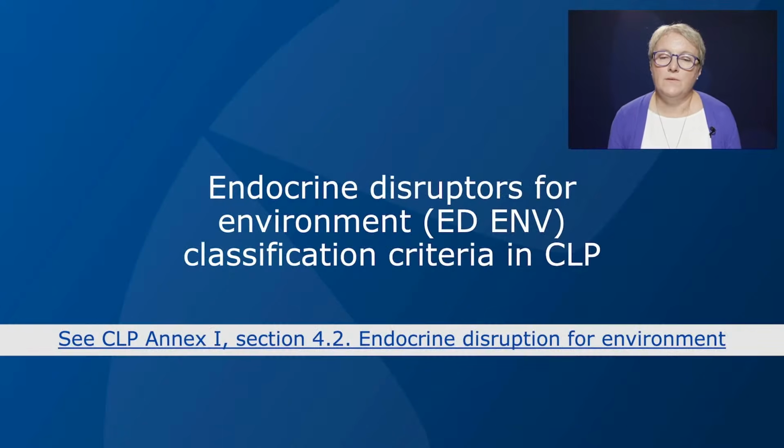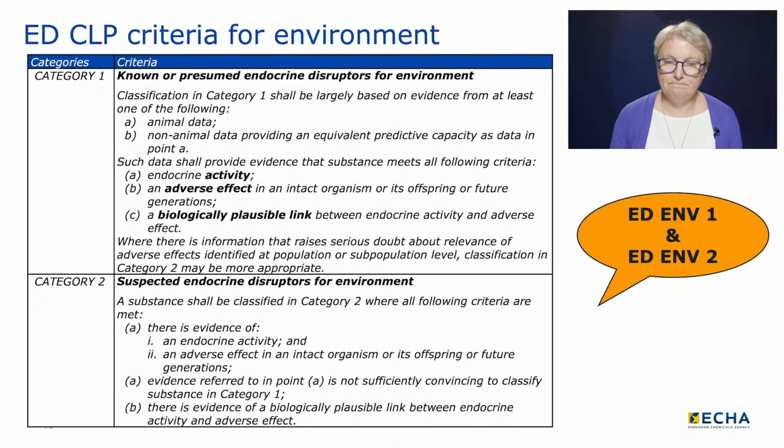But let's start with the criteria. Similarly as in the case of ED classification for human health, classification for the environment refers to the specific endocrine mode of action leading to the adverse effect. Similarly to ED human health, the classification criteria require evidence for 3 elements: endocrine activity, adverse effects, and a biologically plausible link between them.